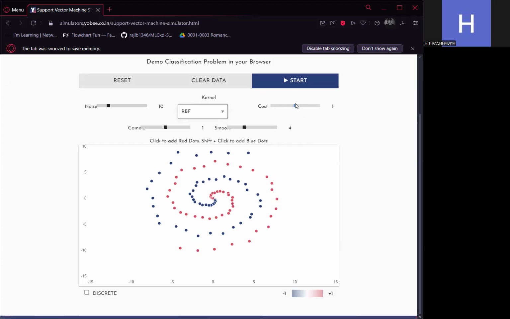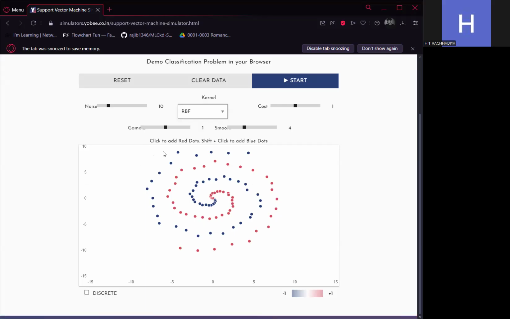When we put the value of cost low, it allows a wider margin by tolerating some misclassified points, and it leads to a simpler model that generalizes better but may underfit.